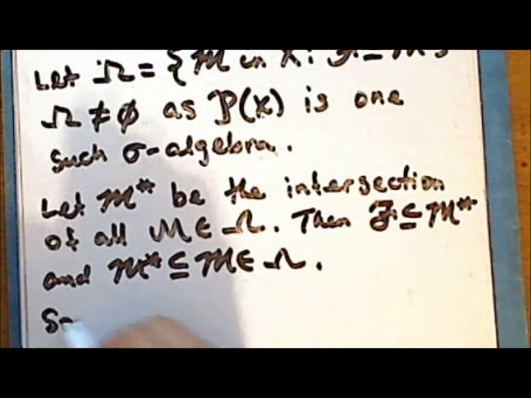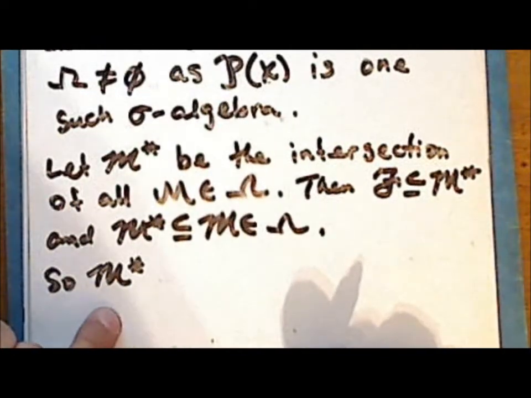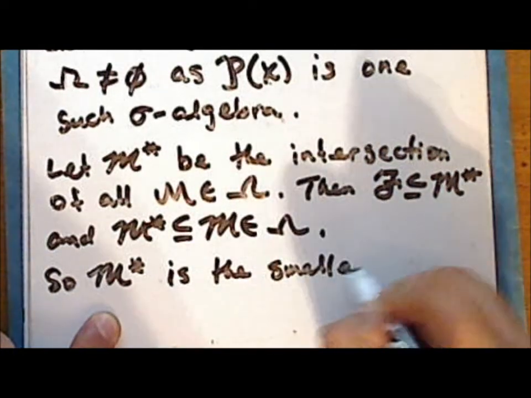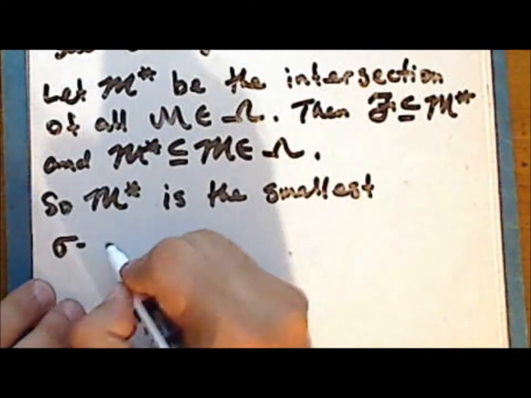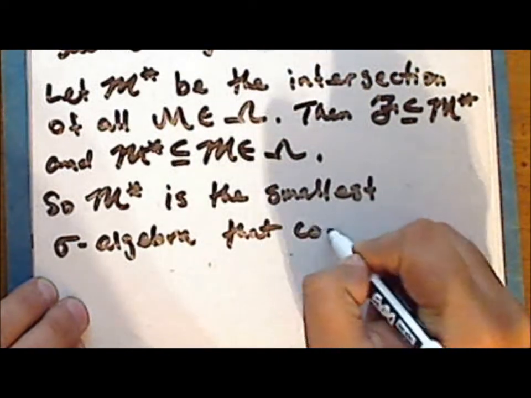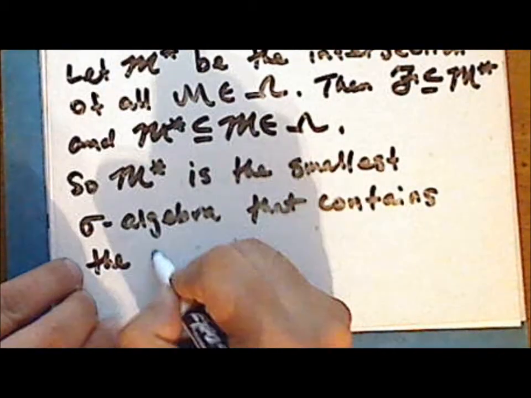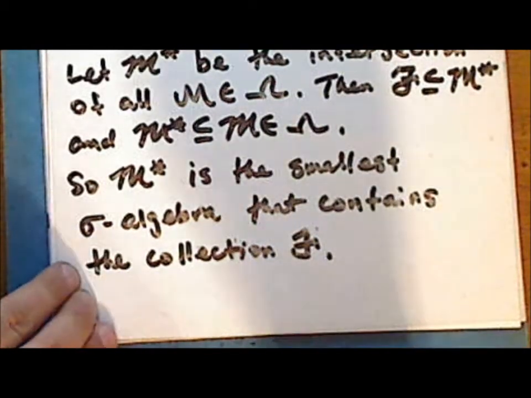And so this sigma algebra star is the smallest sigma algebra that contains the collection script F. All right.